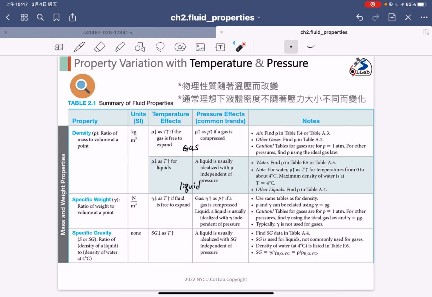Okay, so you need to focus on an important thing: for the gas and the liquid, the properties respond differently to temperature and pressure effects. Okay, so you need to focus on here. And I don't need to emphasize the gamma and the Sg again because they follow the same trend as the density.